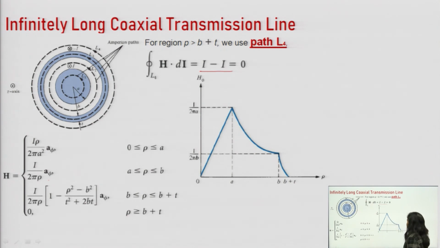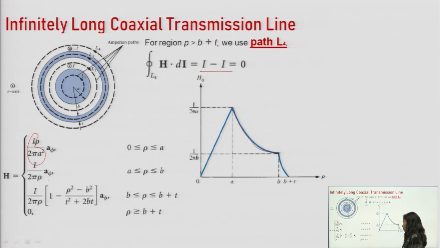In graphical way we can represent it in this way, that is, this is the radius of the inner conductor. Up to this we can see that H is directly proportional to rho. All other parts are constant. However, from a to b we can see that H is inversely proportional to rho, so the graph is drawn like this.